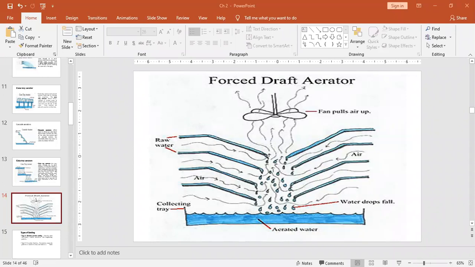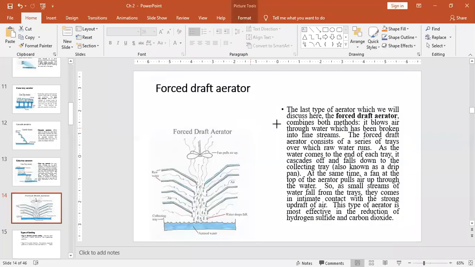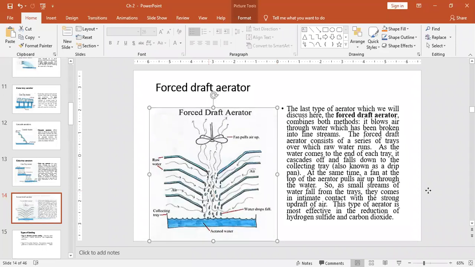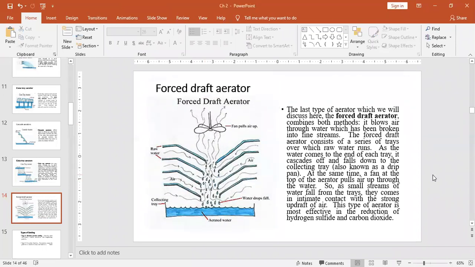Now I will display the write-up for you. You can complete this one. This part is not required. This much.